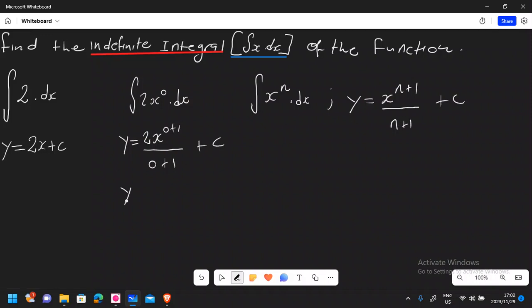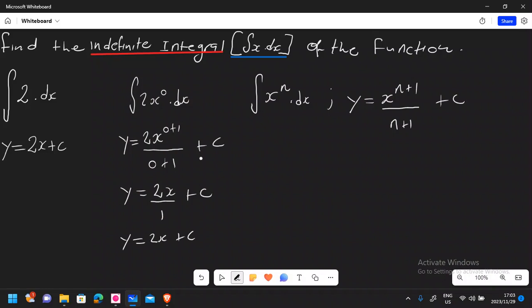So obviously we have the coefficient here, which is going to be 2. What is x to the power of 0 plus 1? Is going to be x to the power of 1, even if we don't write it there, divided by 0 plus 1, which is going to give us 1. So it's more like divided by 1 plus c. So the final answer is going to be 2x plus c.